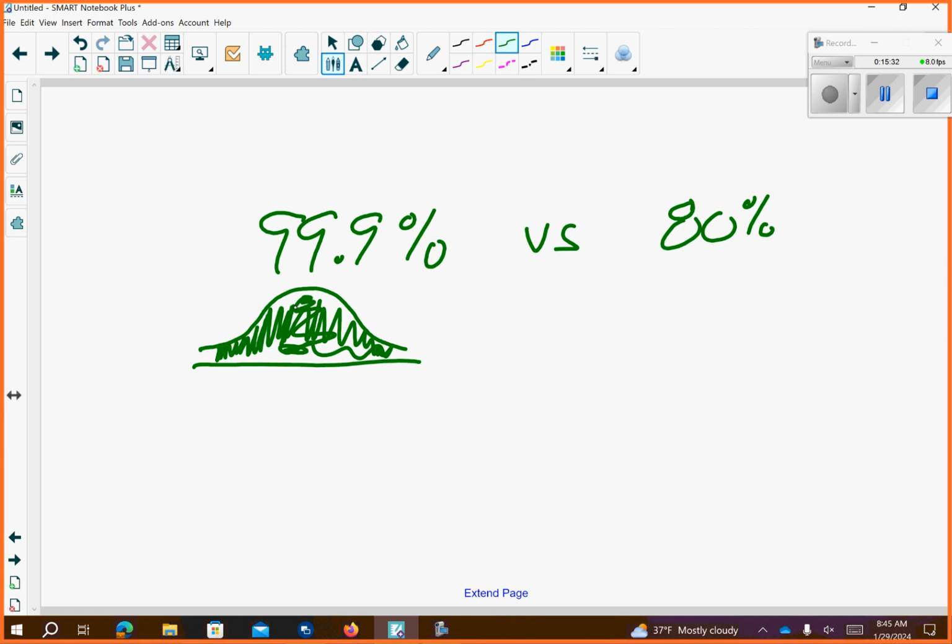Okay? That way you can say, hey, I'm 99.9% sure something's going to fall within that shaded green region. But if I was 80% sure, this is going to be a lot closer. Okay? Meaning you have something that's taking place outside of your margin of error. Okay? Those are big things to realize.